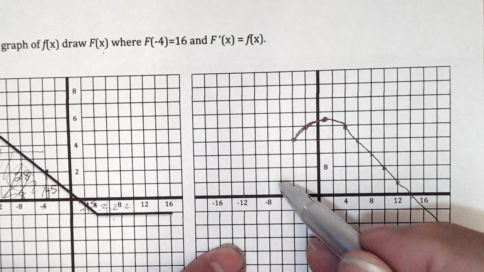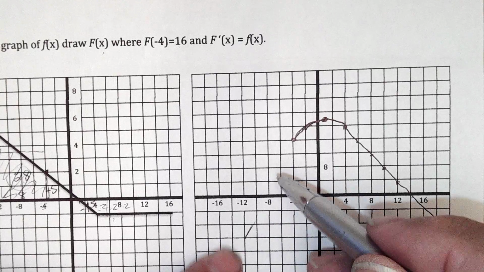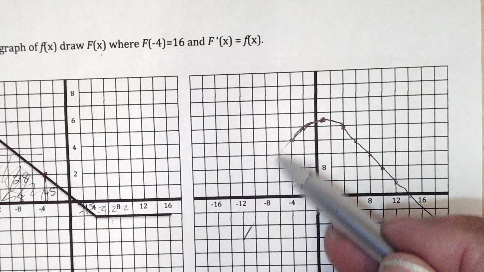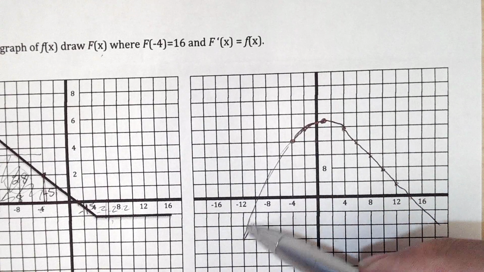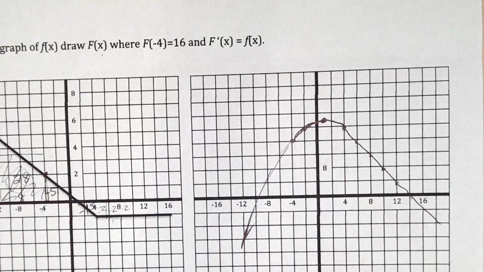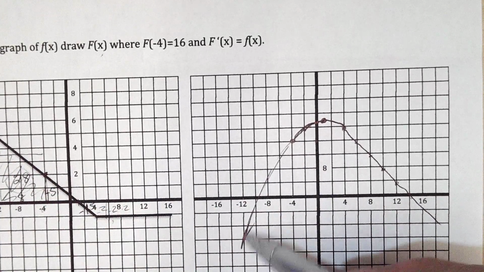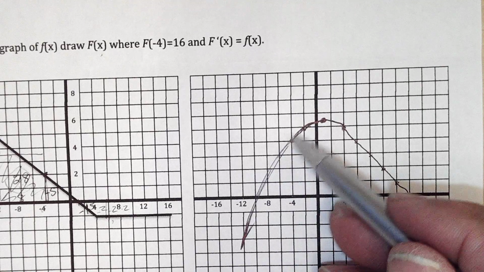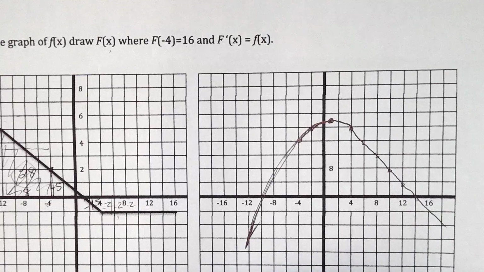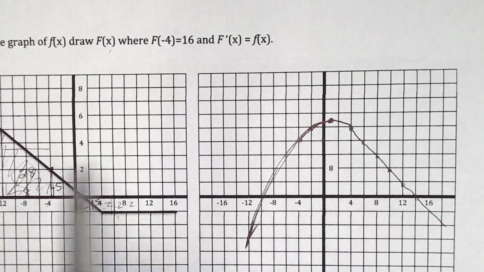At minus 12, I should be right there. And it should be curved and steepest on this end because it's the highest positive velocity, so it's going up the fastest and slowing down. And then it goes to a slope of 0.